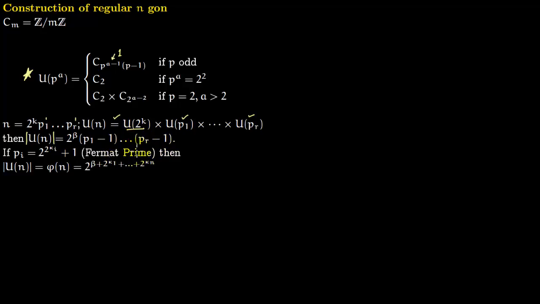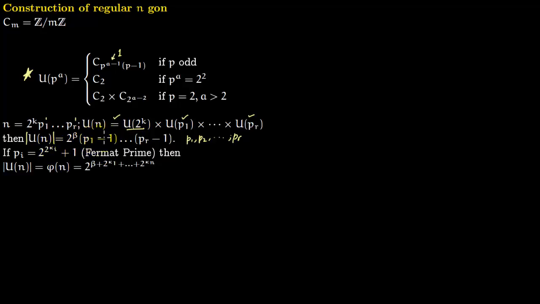Now recall the definition of a Fermat prime. A Fermat prime looks like this: p_i is 2 to the power of kappa_i plus 1. So p_i minus 1 will be 2 to the power of 2 to the power of kappa_i. If each of p1, p2 all the way to pr is a Fermat prime, then all these p1 minus 1 up to pr minus 1 will be powers of 2.